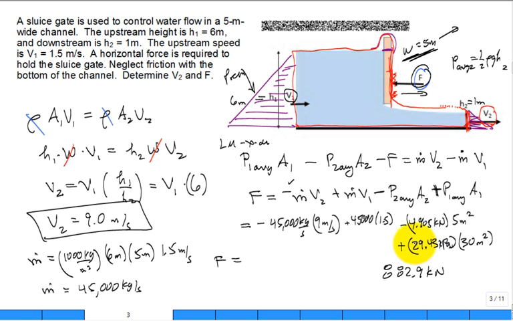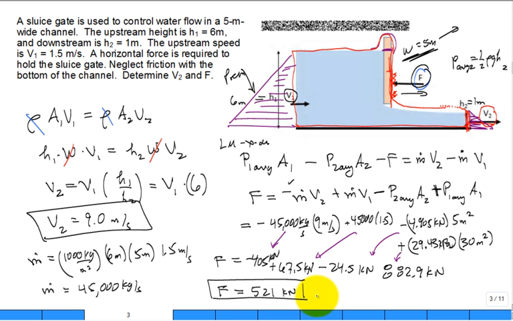The second term is negative 24.5 kilonewtons. And then this term is a 67.5 kilonewton. And this term is a negative 405 kilonewton. So you can see the relative magnitudes of the terms. When you sum them up, the force is 521 kilonewton. And it's applied in the direction that's shown on the sketch.